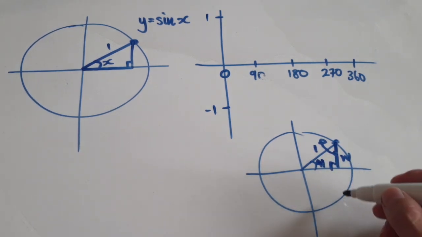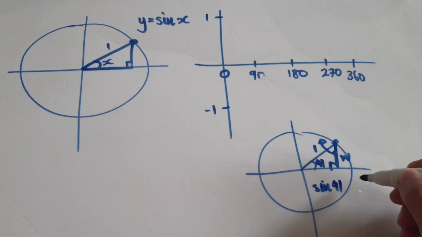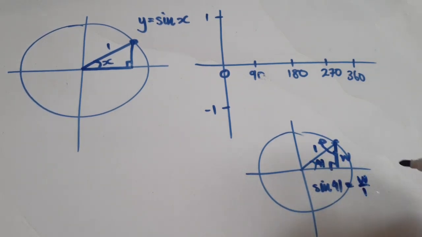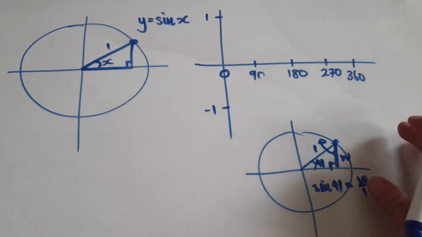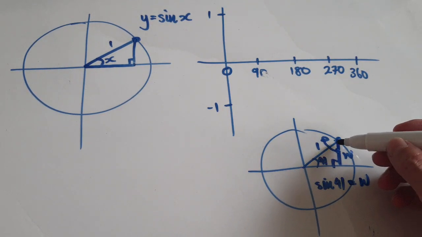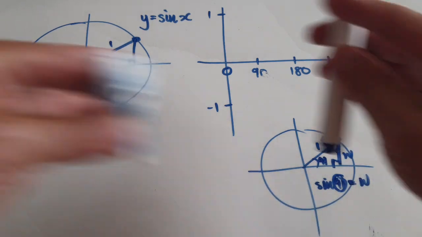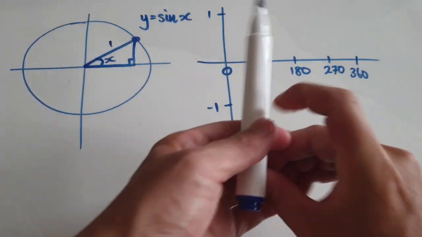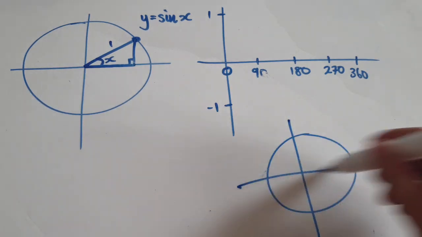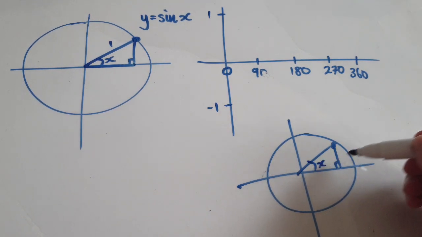What is W? So you would say, oh, sine the angle, which is 41, equals W over 1. So anything divided by 1 is anything. So that's W. So basically, this height here is you sining the angle. So if I were to give you a unit circle and ask you for the height, you simply sine the angle.